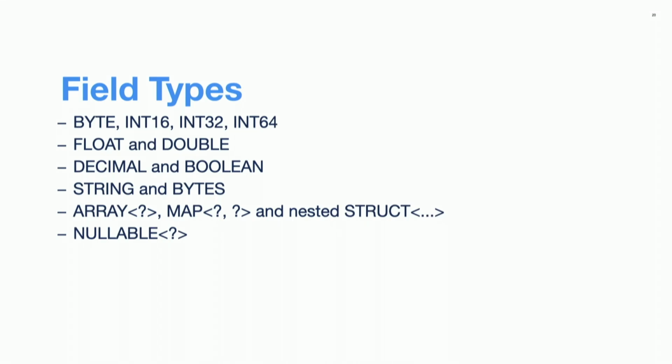You can have, for instance, a map from string to int, or from int to array of strings. As well, you can do nested rows when you have a row nested inside another row. Nullable fields are supported, so you can have a null value for any of that, but you have to explicitly tell the schema that this field is nullable. It works in a very similar way as optional works in Java.